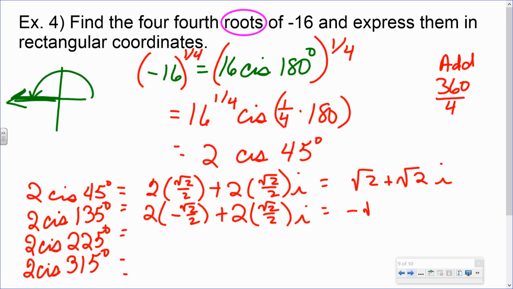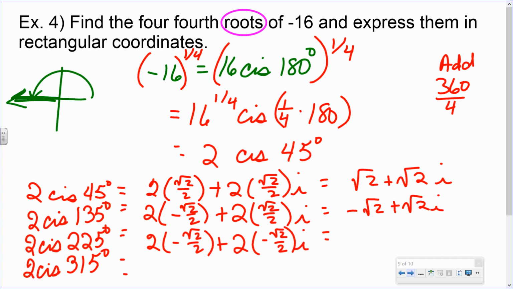So we have minus root 2 plus root 2i. Third quadrant, tell me about sine and cosine. So this time they're both negative, still the root 2 over 2's. So now we have 2 times minus root 2 over 2 plus 2 times minus root 2 over 2 times i, giving us minus root 2 minus root 2i.